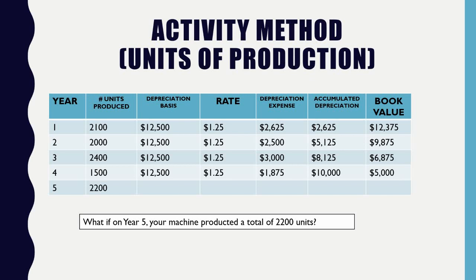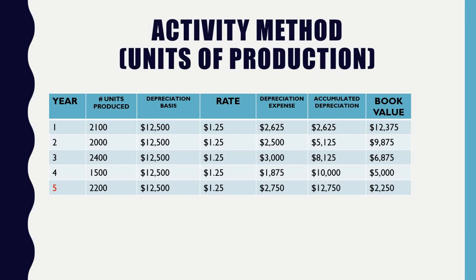My rate is still going to be $1.25. But depreciation expense is going to be 2,750, which is going to give me an accumulated depreciation of 12,750, which is going to drop my book value down to 2,250.